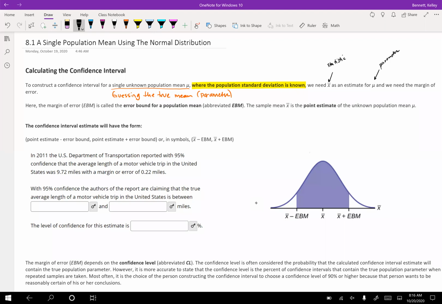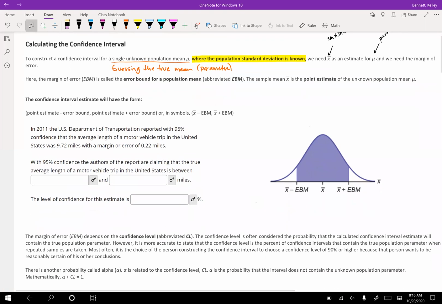And then we do something kind of sneaky: we build this confidence interval. Maybe we want to have a 95% confidence interval, or a 90% confidence interval. So we pick a confidence level.